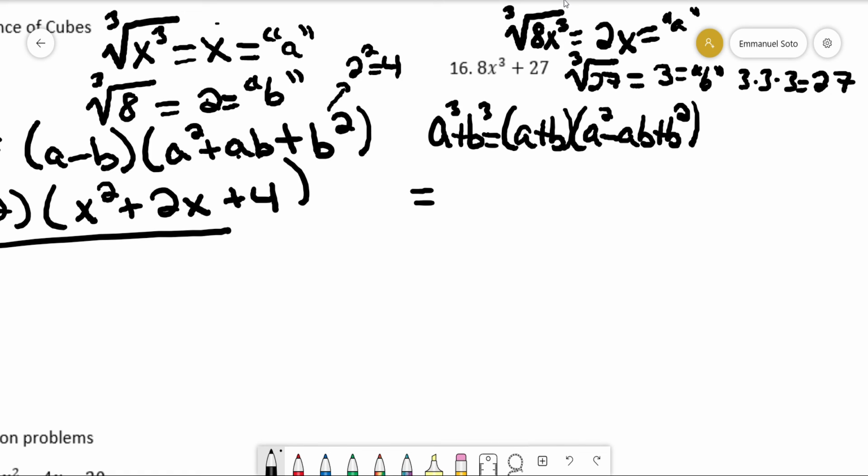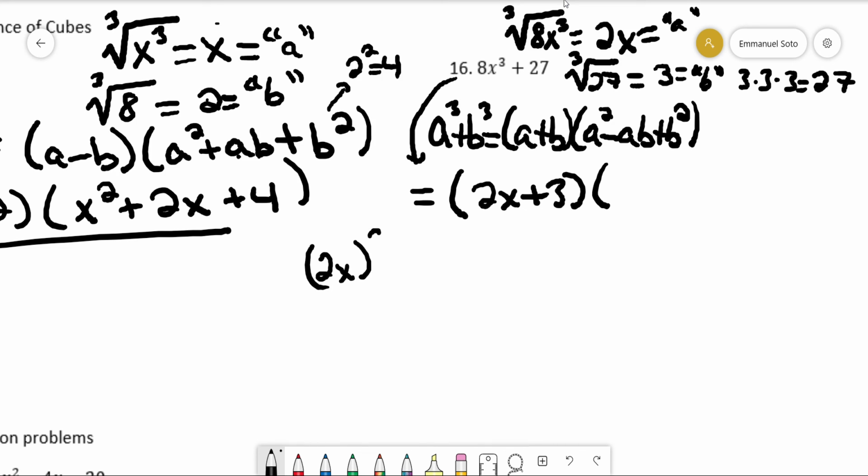So we have a plus b, which is 2x plus 3. A squared, so what's a squared? Well, 2x squared is, 2 squared is 4, and then x squared is x squared. So that's going to go here, 4x squared.